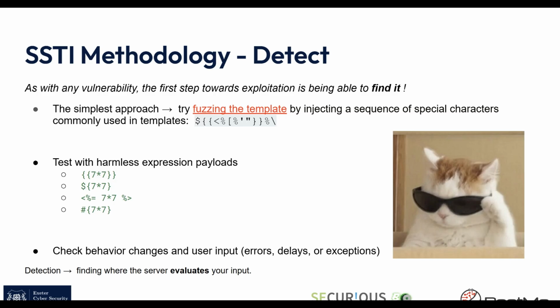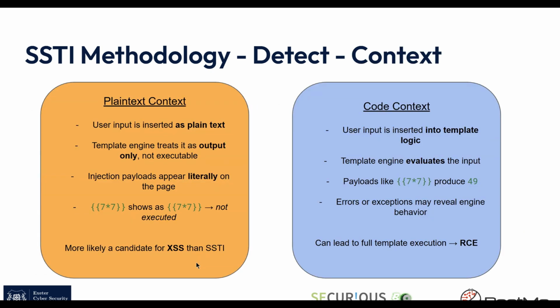So that's detection. Then, to give a bit more context, for server-side template injections, we have two possibilities: the plain text context and the code context. In the plain text context, as you can probably guess, I input 7 times 7, it gives me back 7 times 7, does not execute, is interpreted as plain text. We don't care. We don't want that. If that is the case, goodbye server-side template injection.